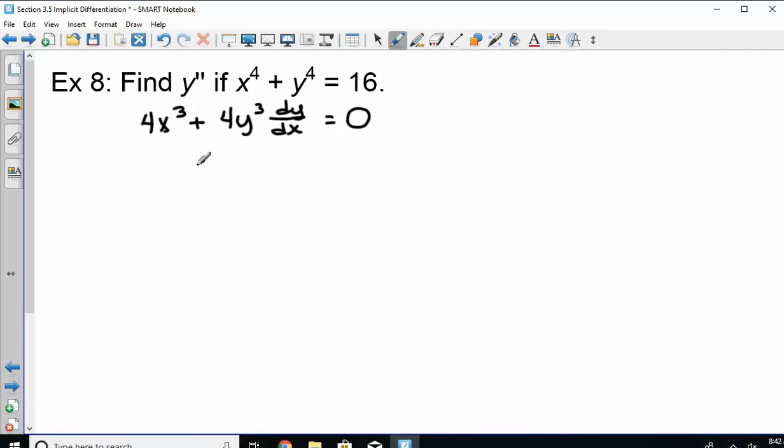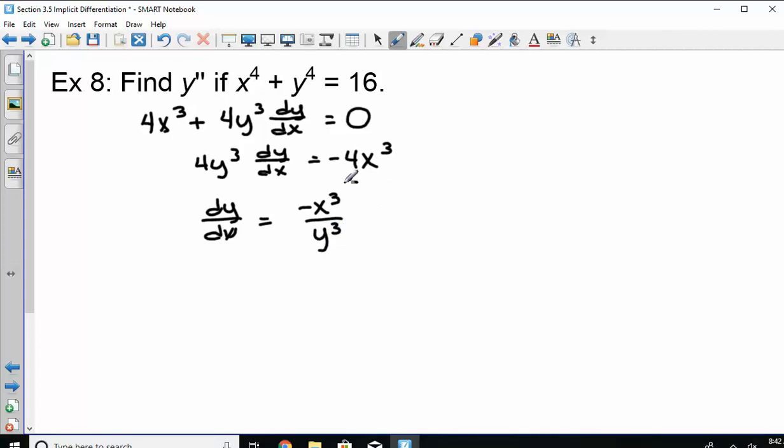Okay, so if we solve for dy dx, divide by the 4y cubed, and dy dx is negative x cubed over y cubed.